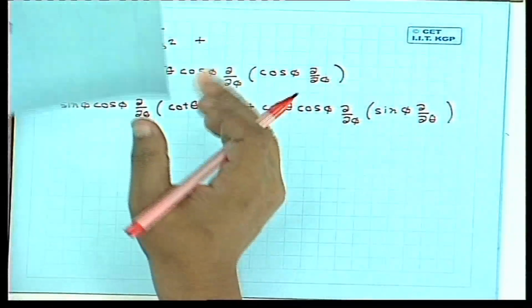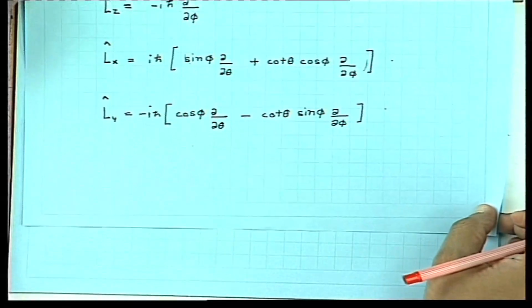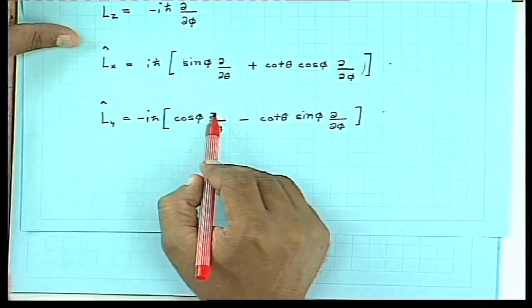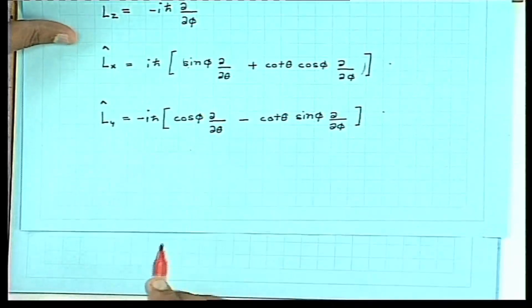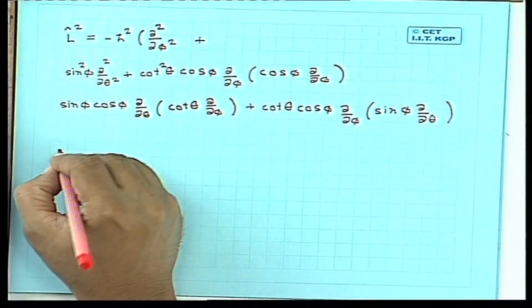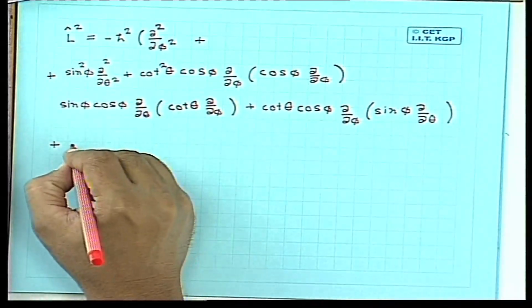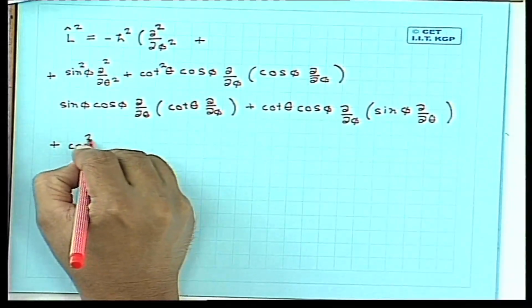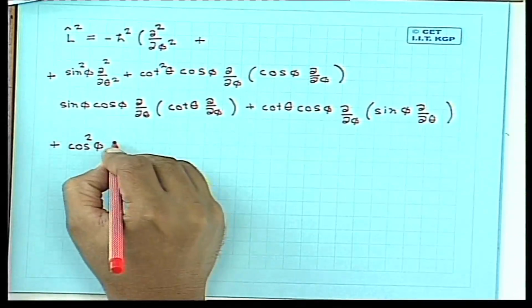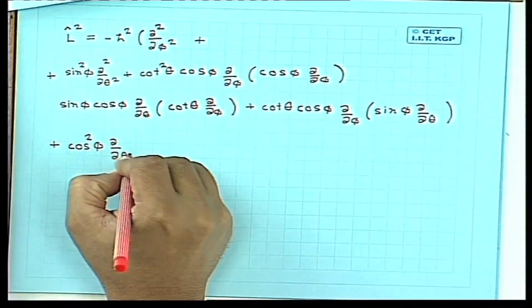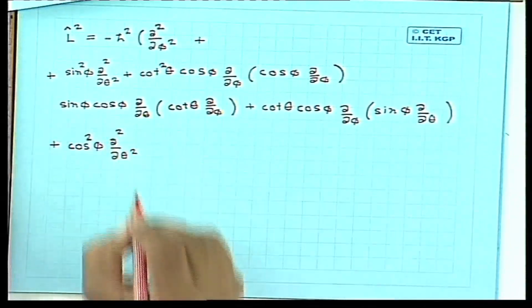Let me also calculate Ly squared. Ly squared will have one term which is cos square phi del square by del theta square. So let me put that down first. I have a plus sign here, and I have cos square phi del square by del theta square.